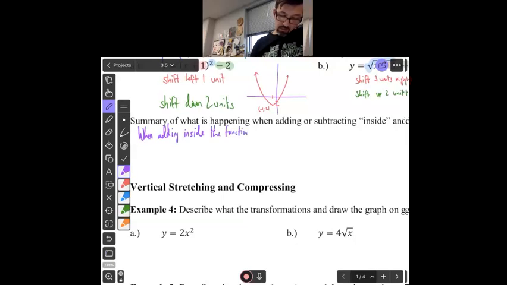So adding inside the function, graph shifts left.